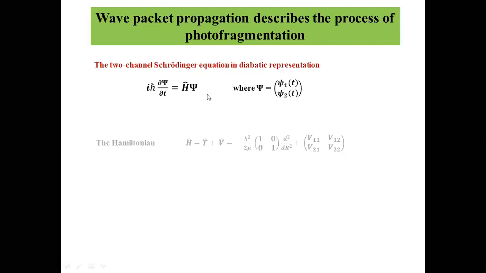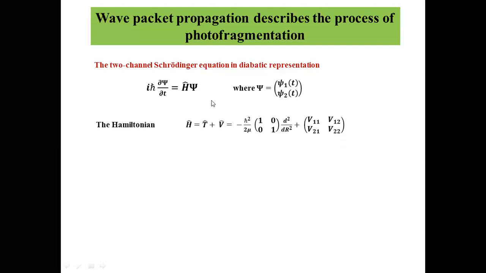Now this Hamiltonian, as two states are involved, is the operator for total energy. So that is basically the kinetic energy operator T, and this one is going to be the potential energy operator.